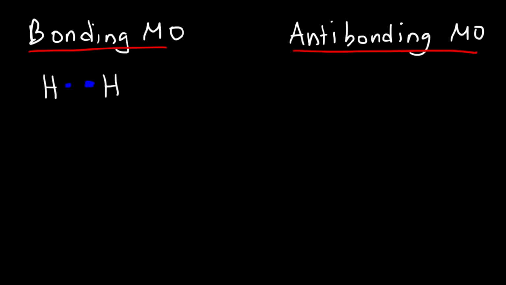So there's a high probability of finding the electrons there. In the antibonding molecular orbital, the probability of finding an electron between the nuclei is very low. You're more likely to find it outside of the nuclei, so it's going to be on either side of the nuclei.